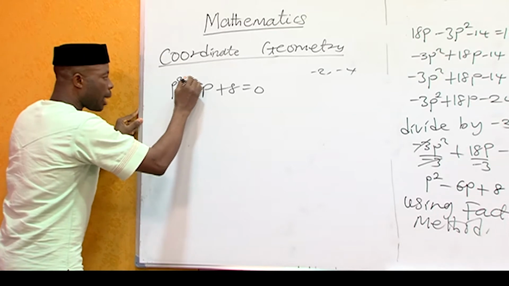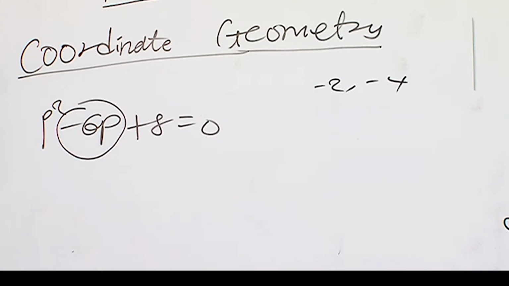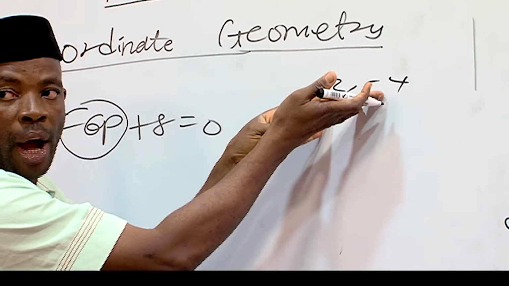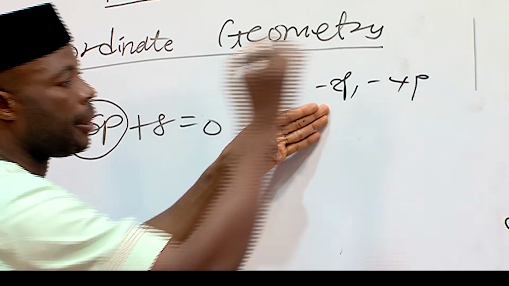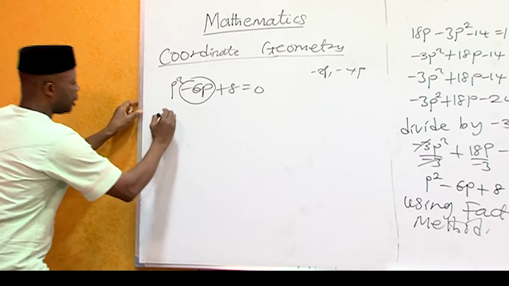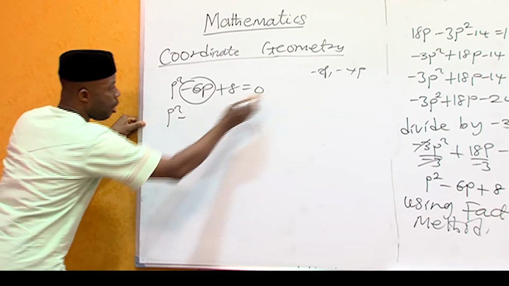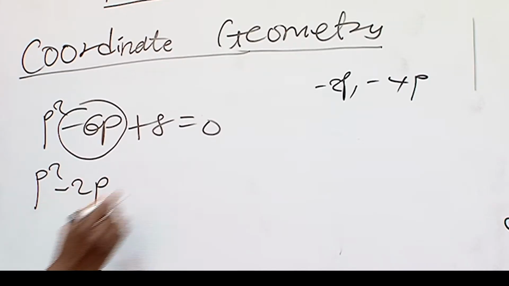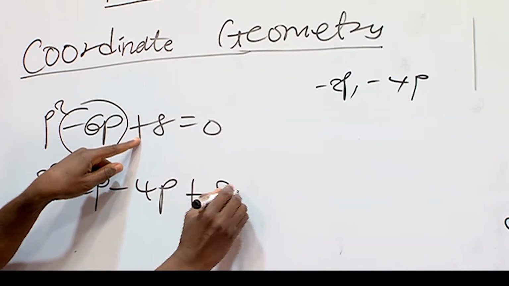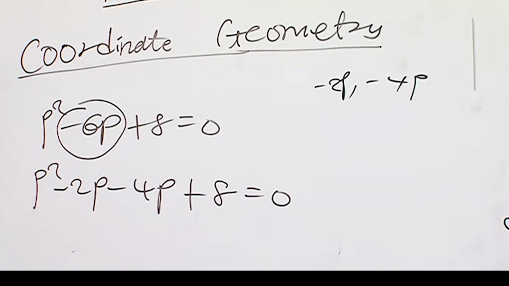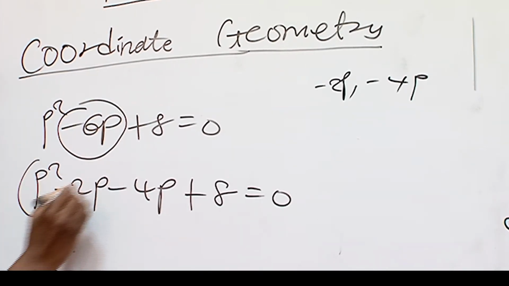So I want to remove the middle term and substitute the values I have. Then p squared minus 2p minus 4p plus 8 equals 0.